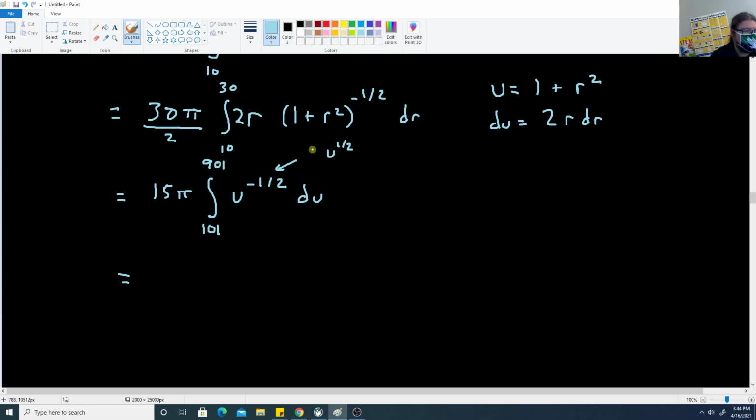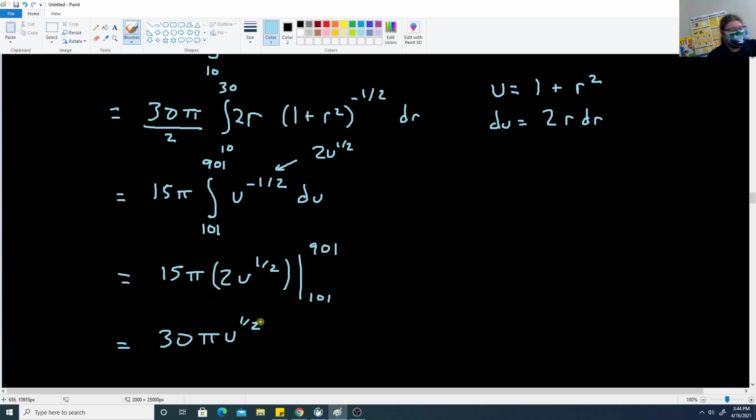When the half comes down, I need a 2 out front for that to cancel. So we'll get 15 pi, and then 2u to the 1/2 power evaluated from 101 to 901, which we can say 2 times 15 is 30. So it's 30 pi u to the 1/2 power, which is actually the square root. So we can write it that way to make it a little cleaner, from 101 up to 901.